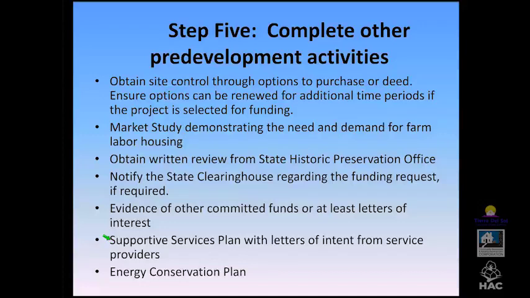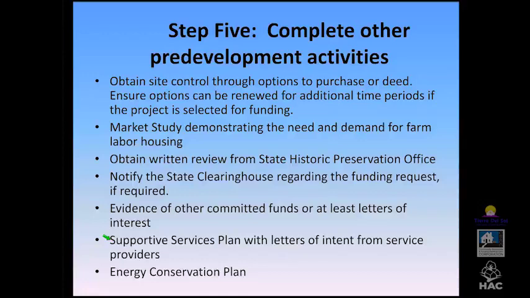You can get a letter that states that those services will be provided to anyone that is referred there, and the letter must be in the application, and then the actual service must be outlined in your supportive service plan.